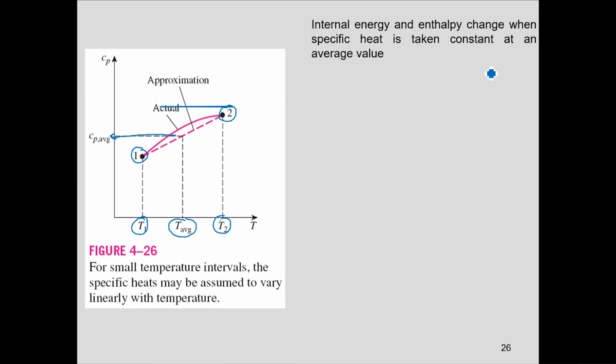So U2 minus U1 is basically the integral from 1 to 2 of Cv, which is a function of temperature, integrated with respect to dT. If I take the average value, I'll say that average value is constant.